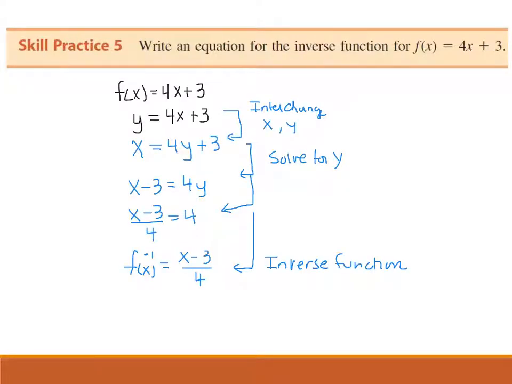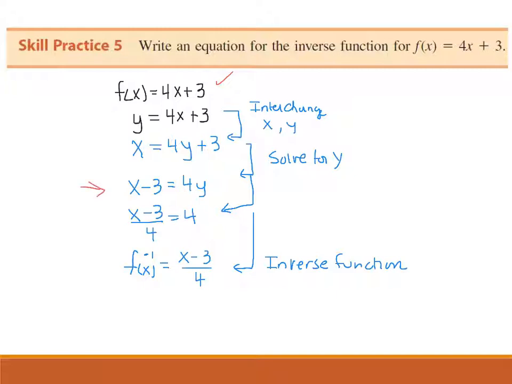So here is the solution for our skill practice 5. We start out with the original equation, and we then let f of x equal y. So we have y is equal to 4x plus 3. We interchange x and y, and now we solve for y.